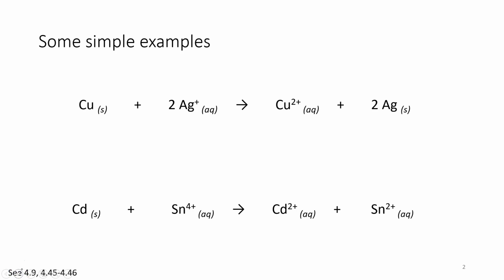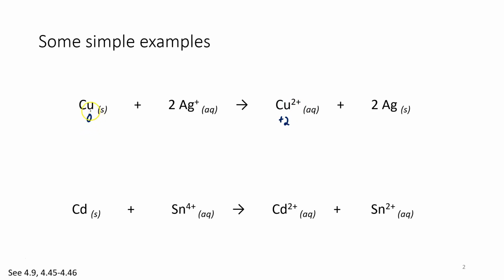And let's take a look at this first one. Looking at this solid copper, what's the charge here? Well, there is no charge, so I would call that 0. And now looking at this copper 2 ion, clearly you can see the charge on the product side is a +2.